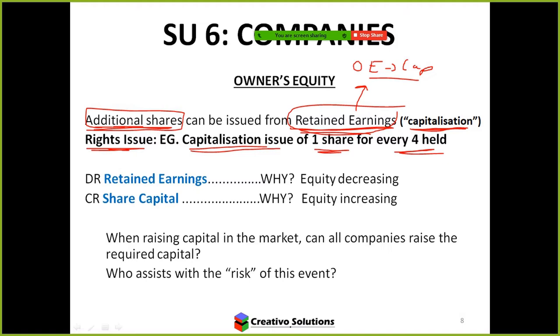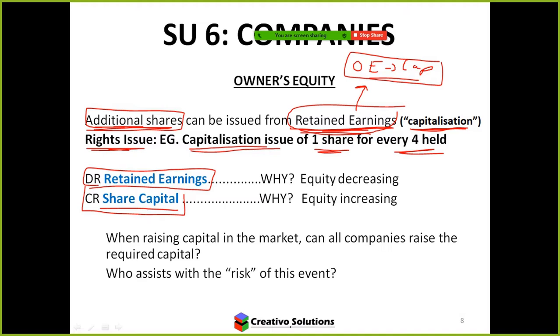So if you're issuing new shares from retained earnings, which is capital, how do you decrease capital accounts? You debit it. Exactly. And you're issuing additional shares. So how do you record more share capital? Well, you have to credit the capital.